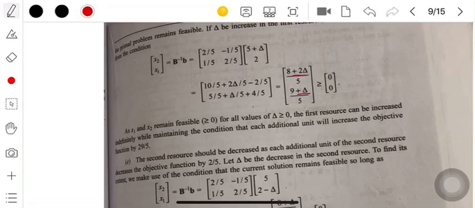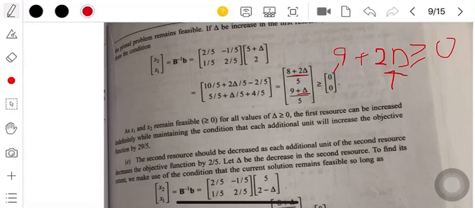So x1, x2 are 0 and delta 0, the first resource can be increased indefinitely, because 8 plus delta should be greater than or equal to 0, so we can increase the value of delta to infinity. There is no restriction. In a similar manner, for the decrement part, you can write 5 into 2 minus delta. So this is how we have solved the first case.